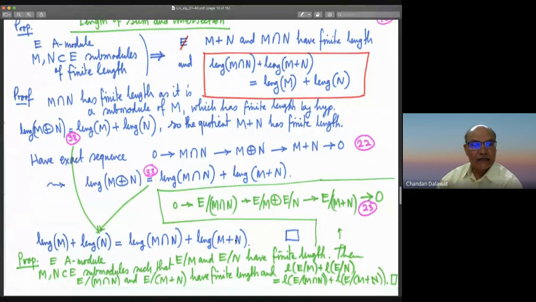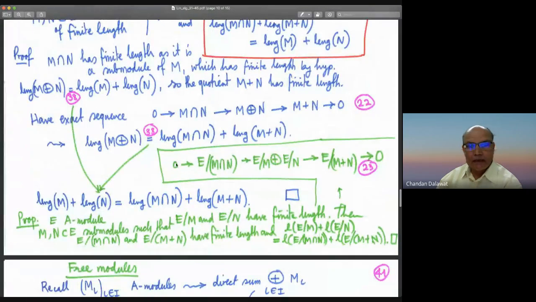And similarly, we had this other exact sequence written in green here.